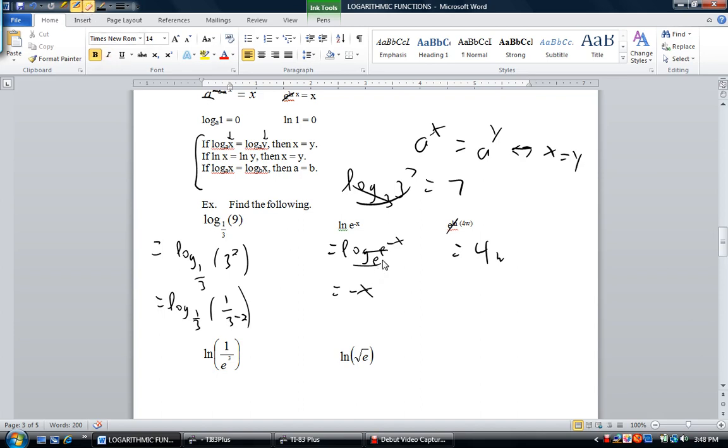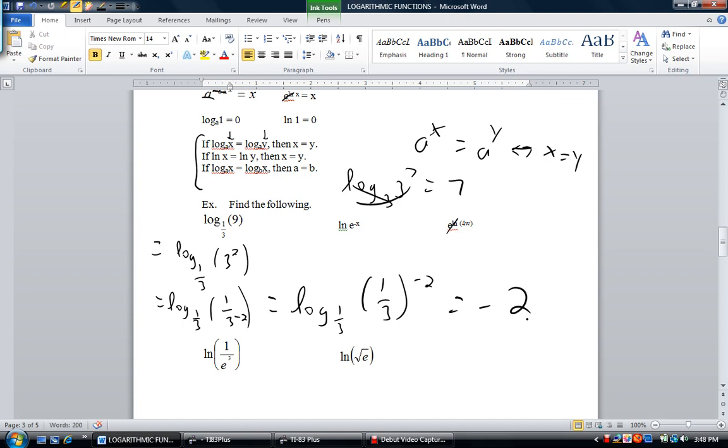And then something else that I know, I can take that negative 2 and I can move it outside the parentheses. It doesn't change anything. Since I have same bases, it must mean that it equals the exponent, which is negative 2.